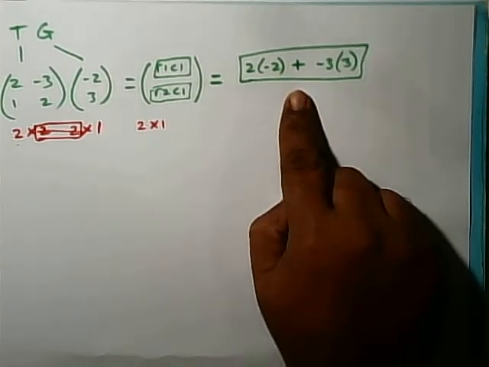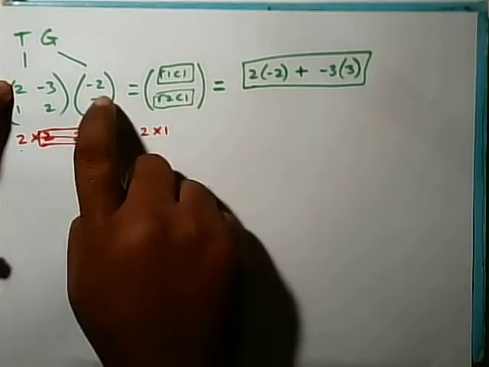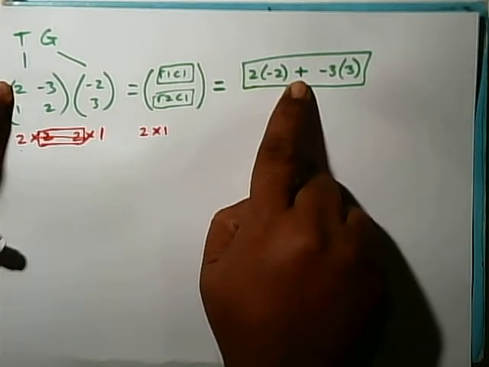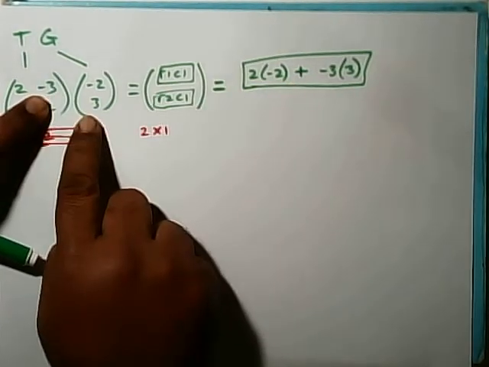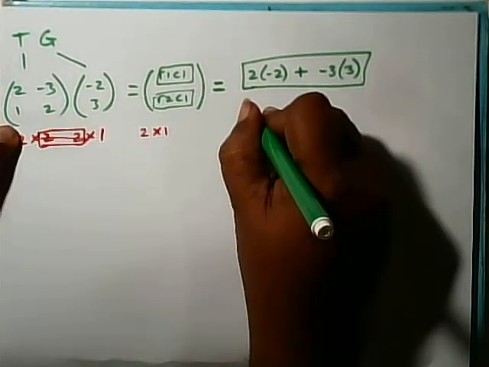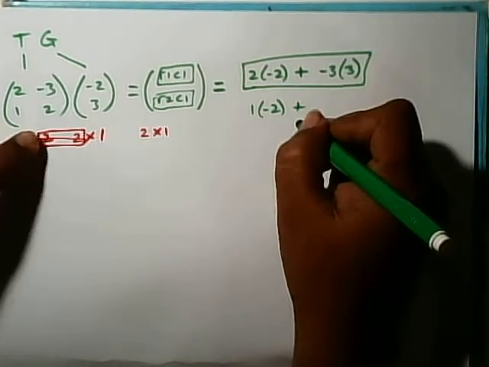That's what I would do rather than take a chance and work things out in my head. Then we write a plus sign. Next, 1 by minus 2 added to 2 by 3.